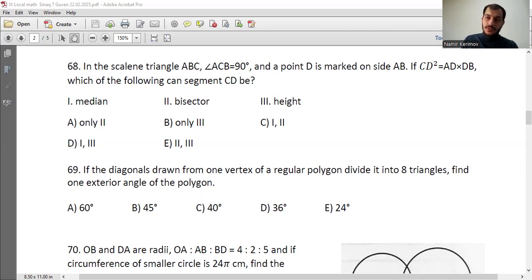We use that formula when CD is the height. So we know the formula, h squared equals m times n. So we can say that CD should be the height. And at the same time, we know that there is a right angle and one more right angle.